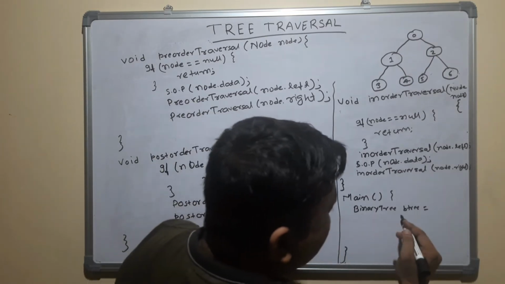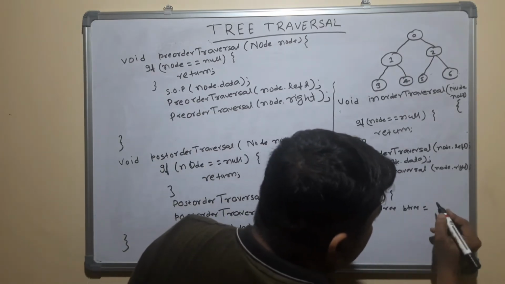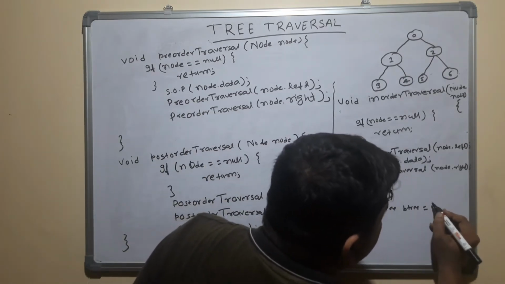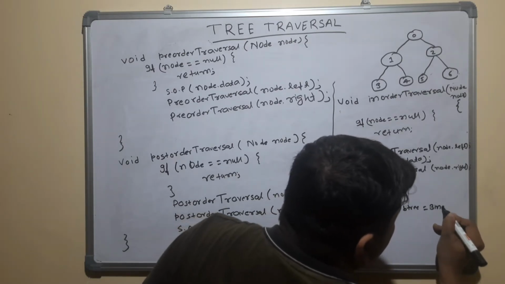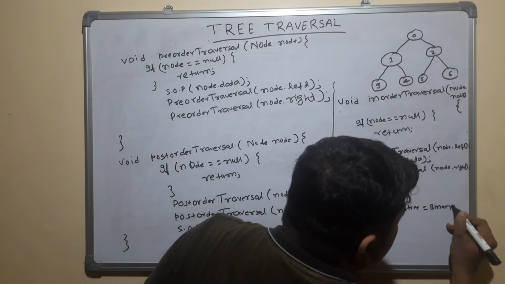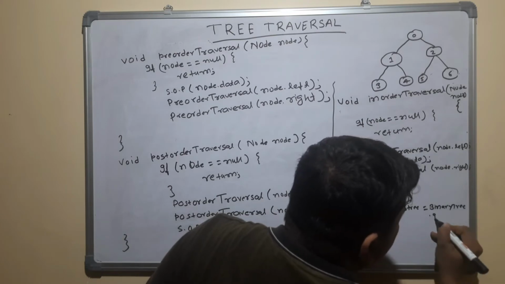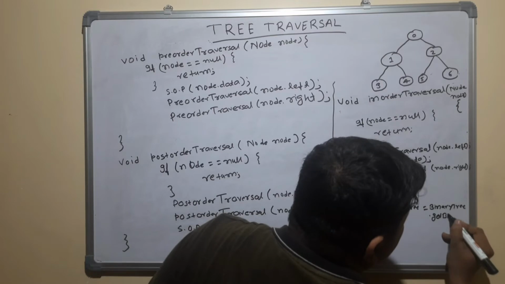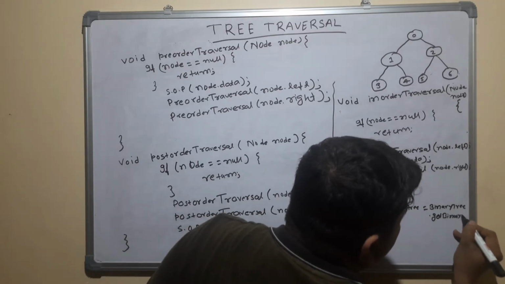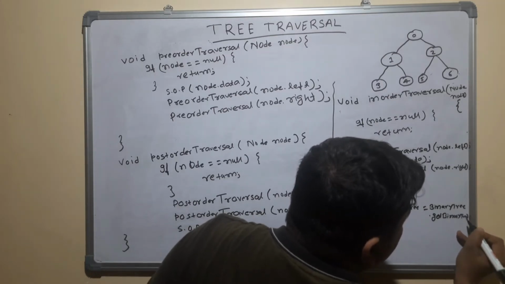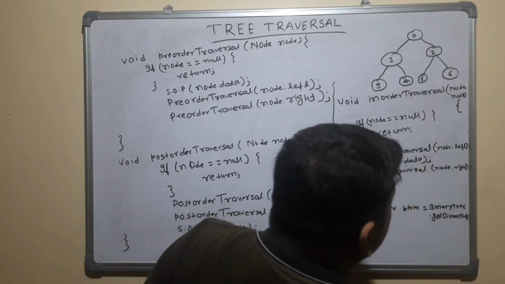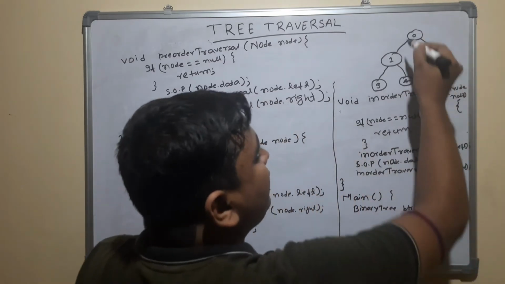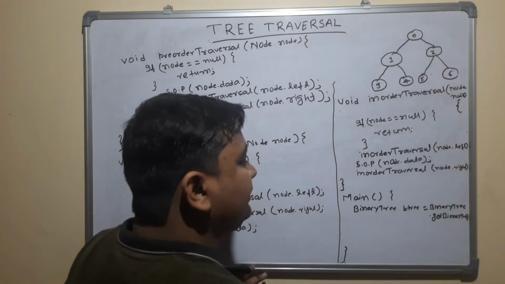There I have created one static function, and we are using this static function here, binary tree dot get binary tree. This functionality will give us the whole binary tree.